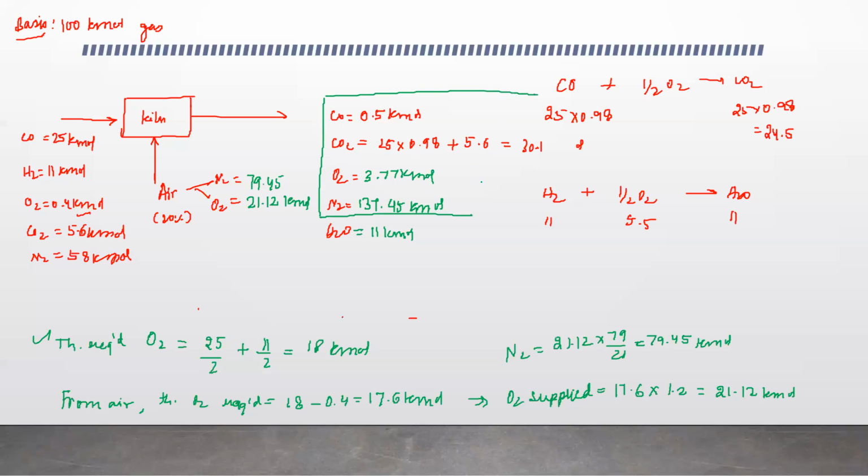And since we need to calculate the weight of water, weight of water produced is 11 into molecular weight of water, that is 18. So it is going to be 198 kg. All right, 198 kg of water is going to be produced. And the composition of flue gas can be simply calculated. We are going to add all the moles, and we are going to calculate the mole fraction. All right, so that's how you can simply calculate the composition.